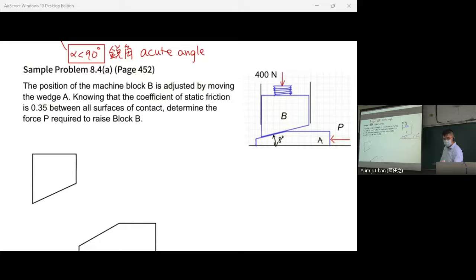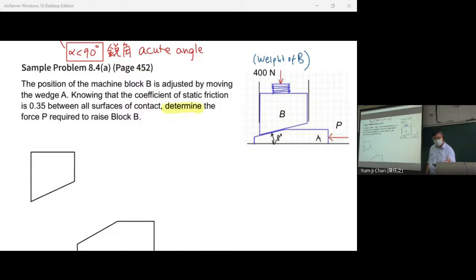And we know this is the weight of B, and the coefficient of static friction is 0.35 between all surfaces of contact. Determine the force P required to raise block B.